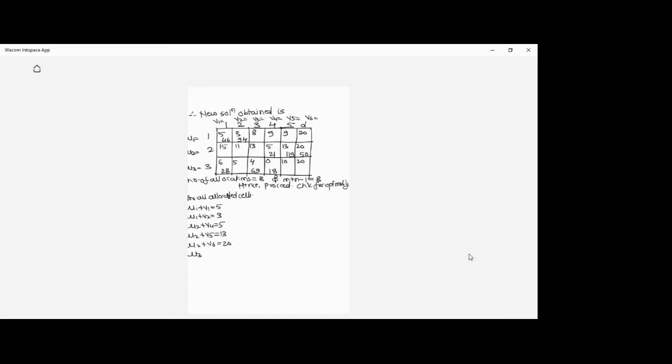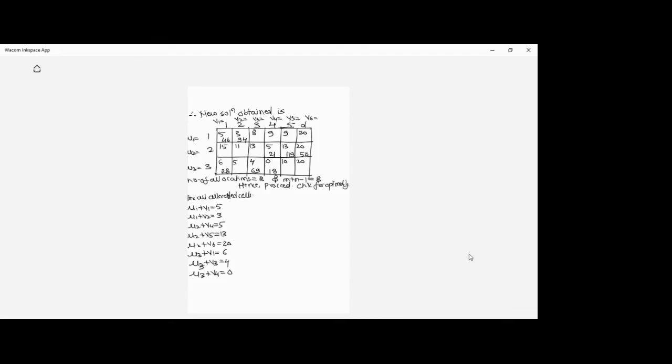Next we have u3 plus v1 is equal to 6, u3 plus v3 is equal to 4, and u3 plus v4 is equal to 0. So we have all this into our consideration.